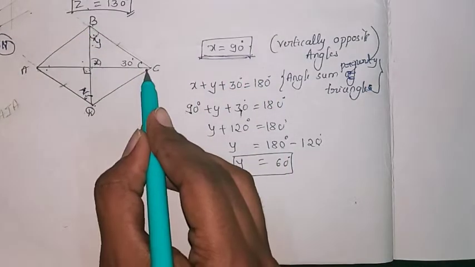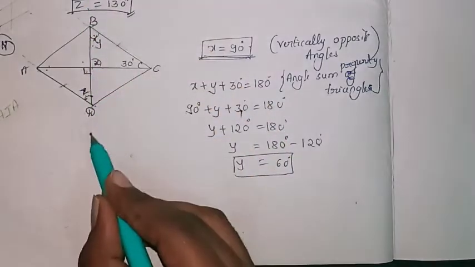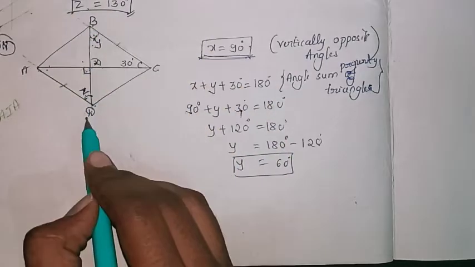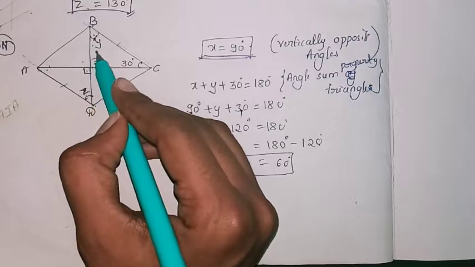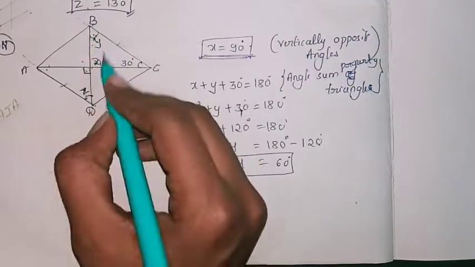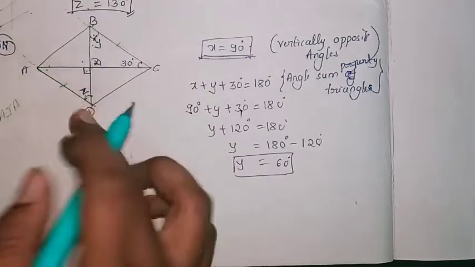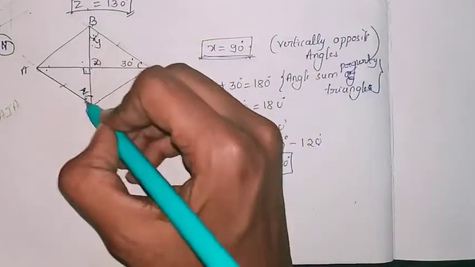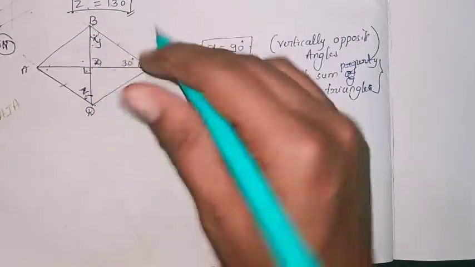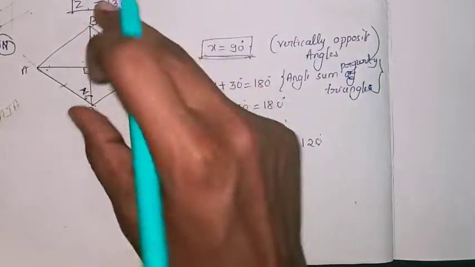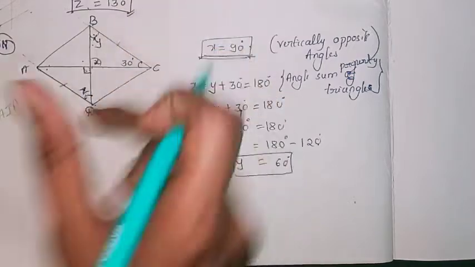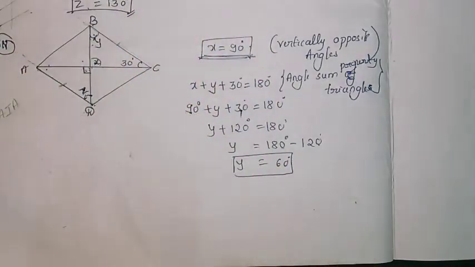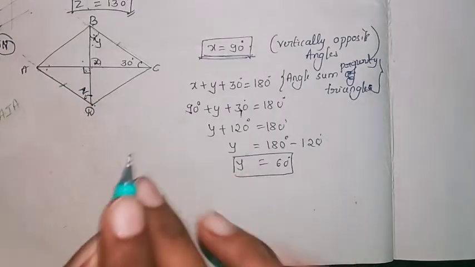Whenever there are two parallel lines and a transversal line cutting them, angles are formed at the intersection points. If the angles are alternate, meaning one is on one side and the other on the other side, with one upwards and one downwards, that is called alternate interior angles. Alternate interior angles are always equal.